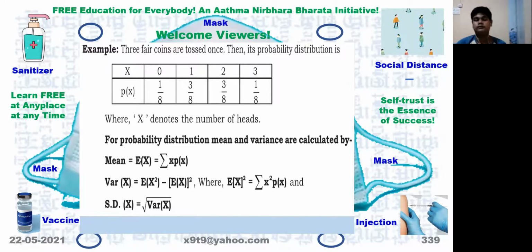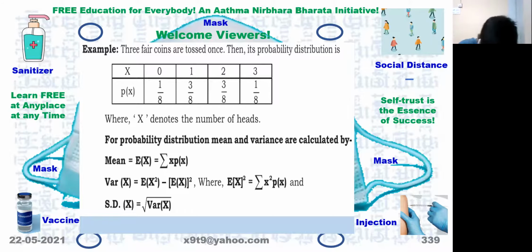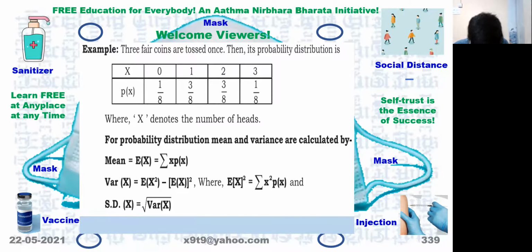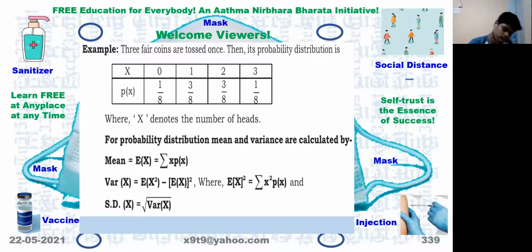Then how many times can the head come twice in those combinations? 3. So the probability of it coming twice will also be 3 by 8. Then how many times can all 3 heads come? Once. So that is also 1 by 8.